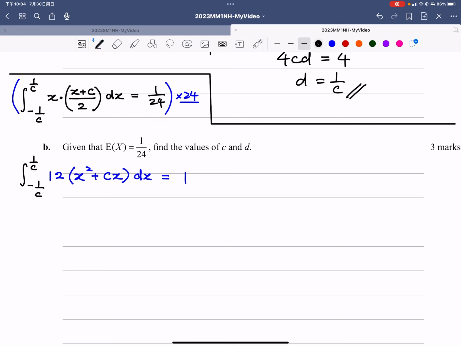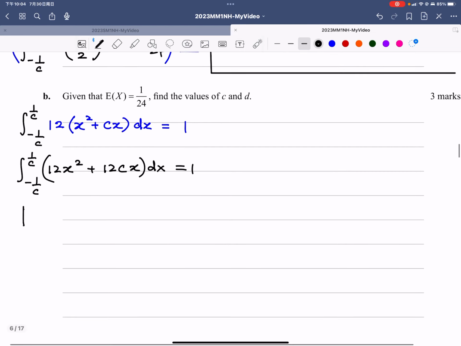And then, the integral from minus 1 over c to 1 over c of 12x squared plus 12cx dx equals 1. So that is 4x to the power 3 plus, I probably can write this one as 6cx squared, from minus 1 over c to 1 over c, equals 1.